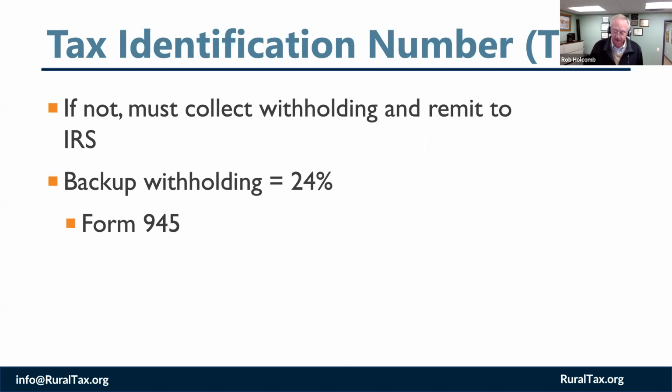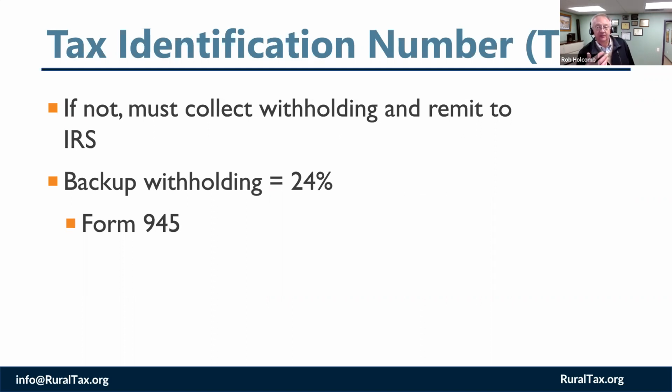Now, if you have somebody that just refuses to give you the tax ID number, you can do backup withholding on that. The backup withholding is 24%. You end up filing a Form 945. Essentially, as a rule of thumb, let's say that you owed the landlord $1,000.